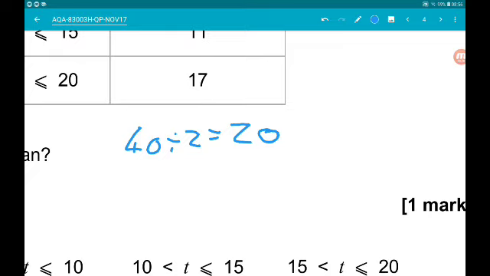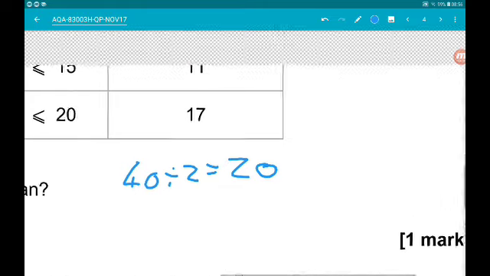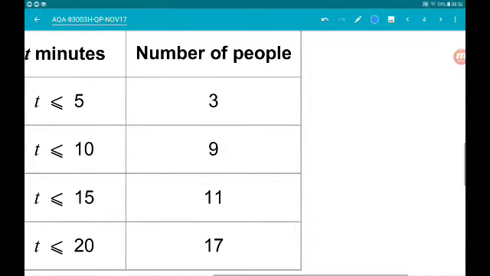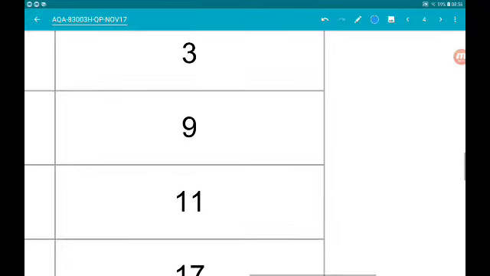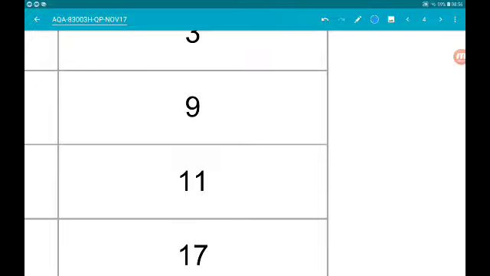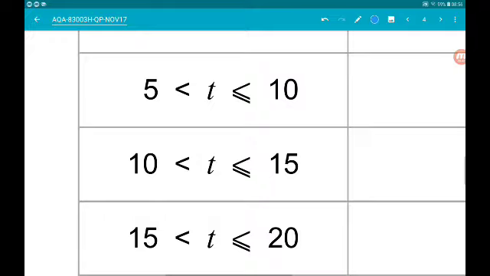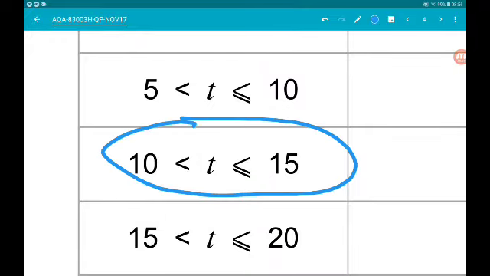All that we need to do here though is find the interval which the 20th and 21st piece of data would be in. So, going in from the top, there are 3 in the first interval, so clearly no in there. Then if we add 9, we get 12, so still not in there. Then if we add 11, we get 23. So, this is our guy.